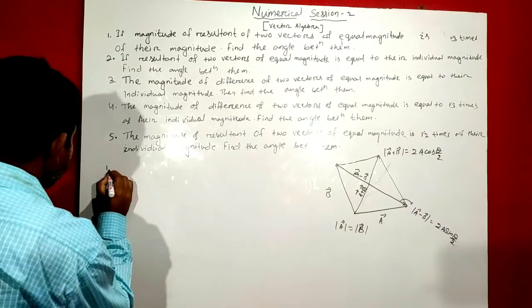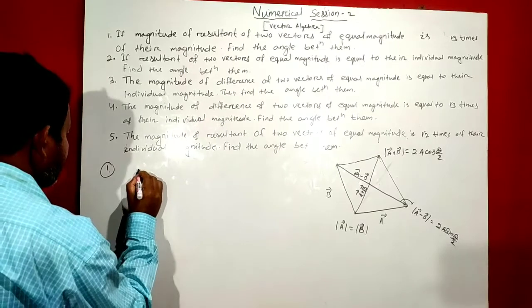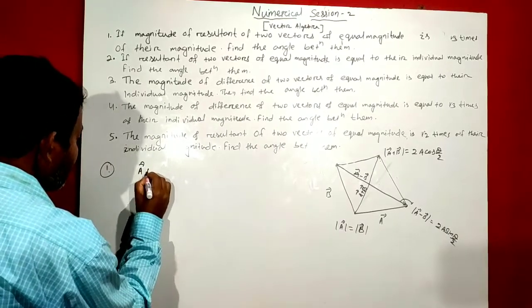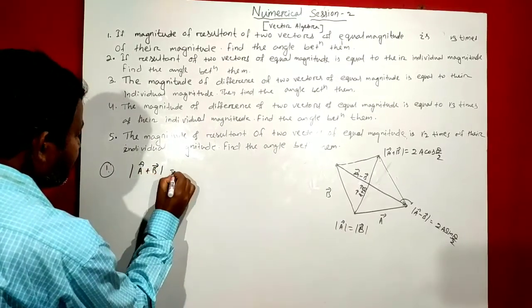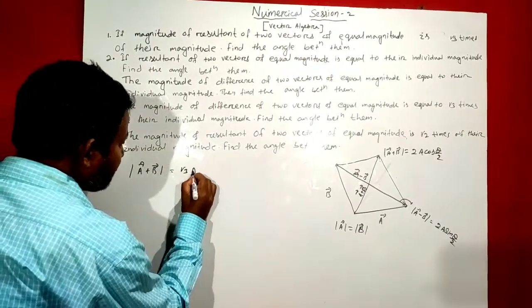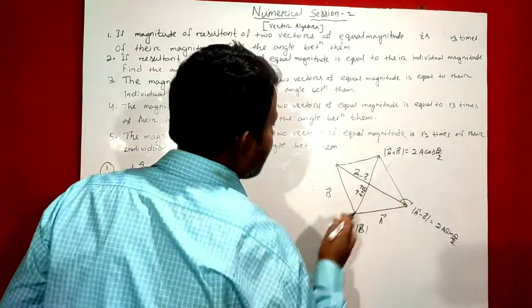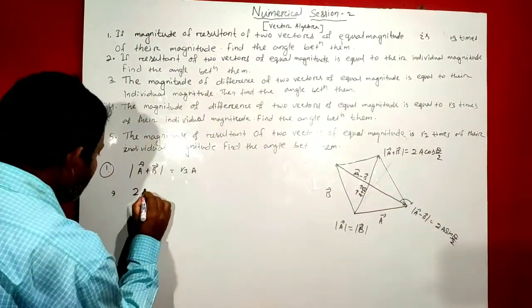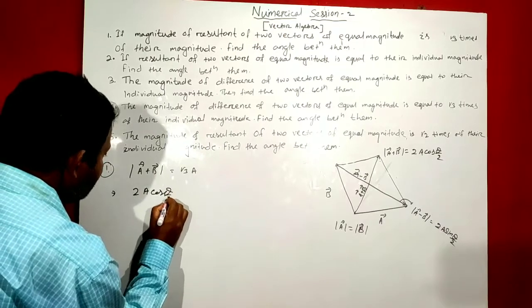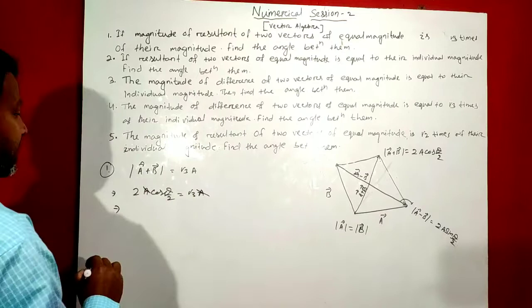According to this question, the magnitude of a plus b is equal to root 3 times a. The magnitude of a plus b is equal to 2a cos theta by 2, so 2a cos theta by 2 is equal to root 3a. A cancels.